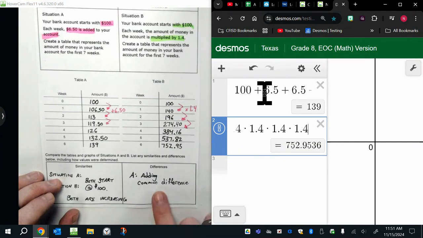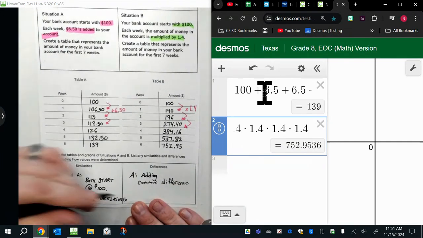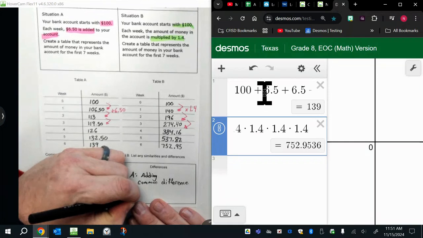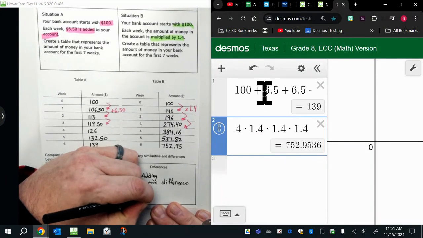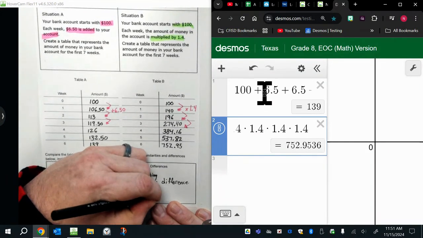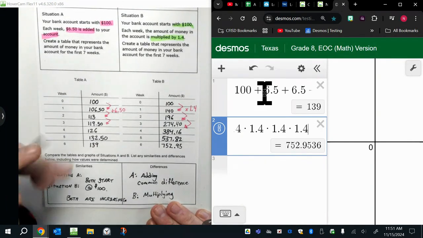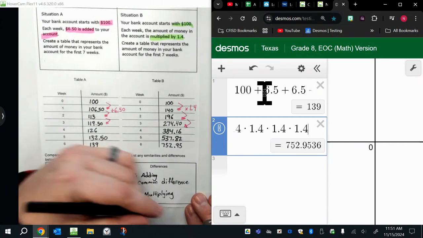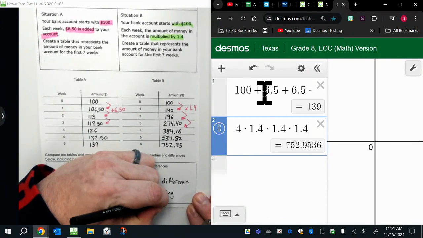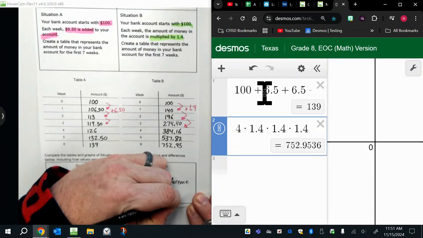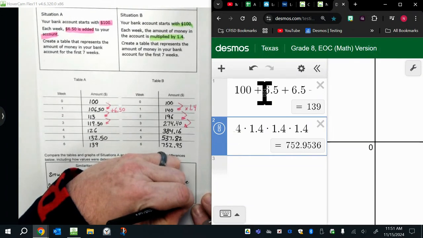Plus 6.50, common difference. The difference is 6.50 between them. For situation B, we're multiplying to get to the next number. So for multiplying, we call that a common multiplier.